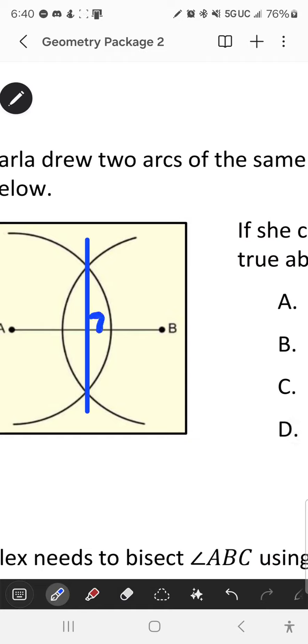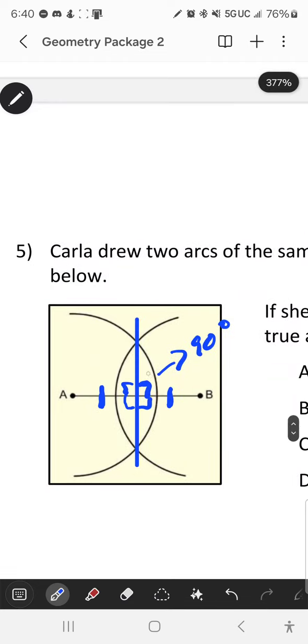And as I have explained before, this makes four right angles. So this is a 90 degree angle, this is a 90 degree angle, this is also a 90 degree angle. It divides the segment in half. Remember, bisector means dividing in half. So these four angles are 90 degrees and are equal.